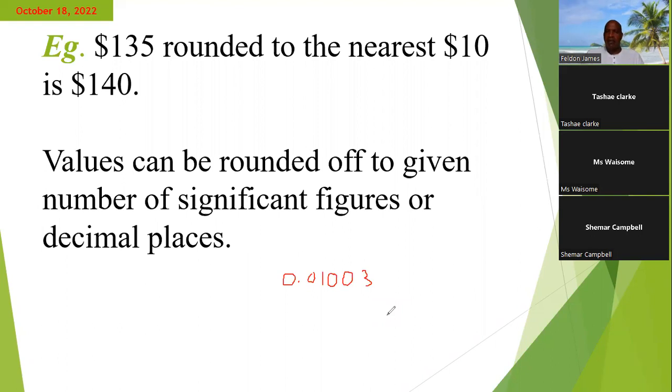Oh, okay. All right. Sorry about that. So based on the number that we have here, I had asked the question, how many significant figures we have there? Could you tell me how many significant figures there are, Mr. Campbell?